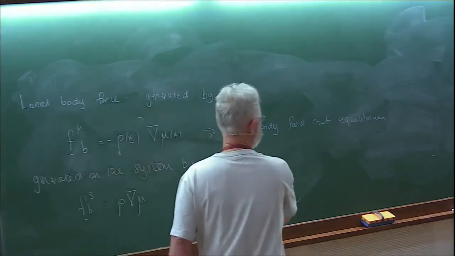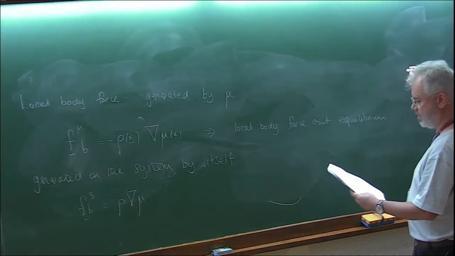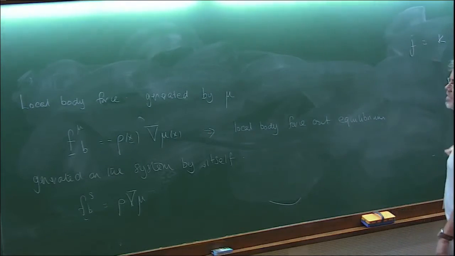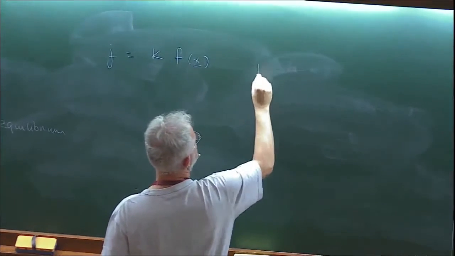Then I make a phenomenological argument: I have a local body force, and this must generate a current. So the current J must be equal to kappa, where kappa is the particle mobility, times the body force. This is the particle current.